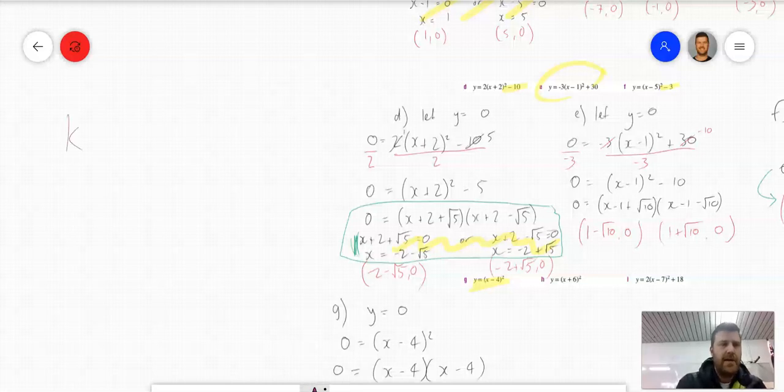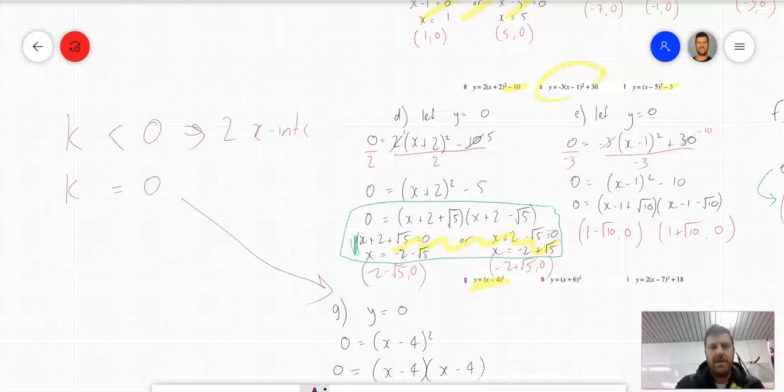If k is less than 0, then there are 2 x-intercepts. If k is equal to 0, like it is in this question, G, then there is only one x-intercept. And we know that parabolas can have 2, 1, or 0 x-intercepts.